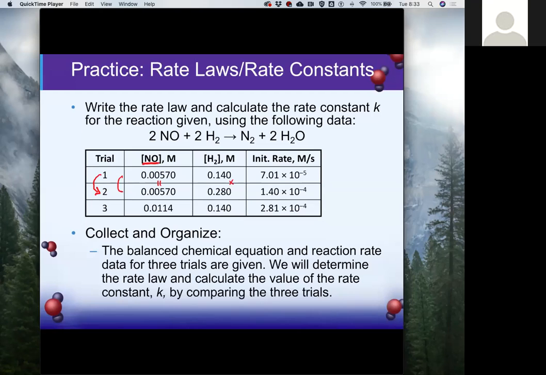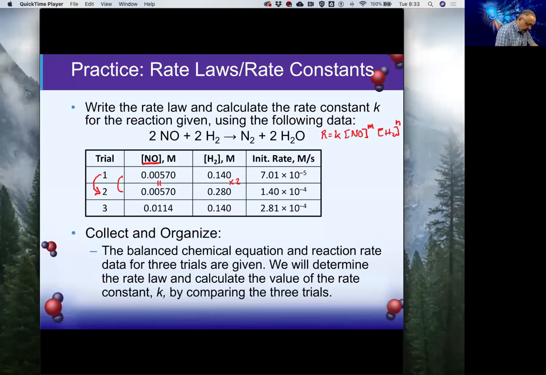And so when you think about the rate law, the rate is going to be equal to the rate constant k times the concentration of NO to the power of something, m, and the concentration of H2 to the power of n.